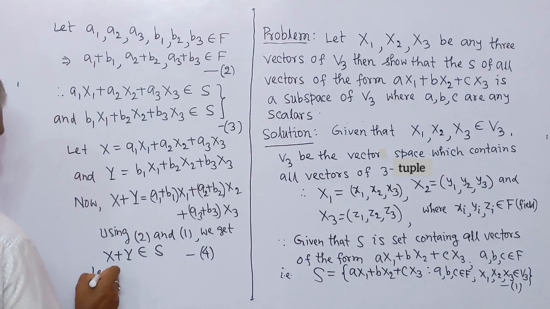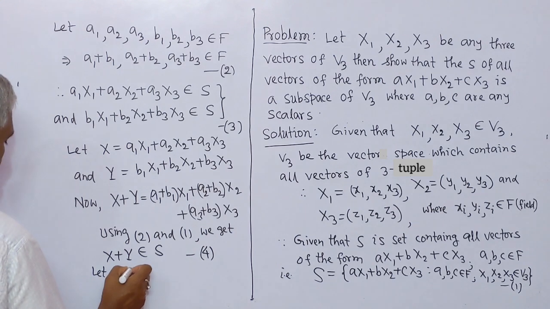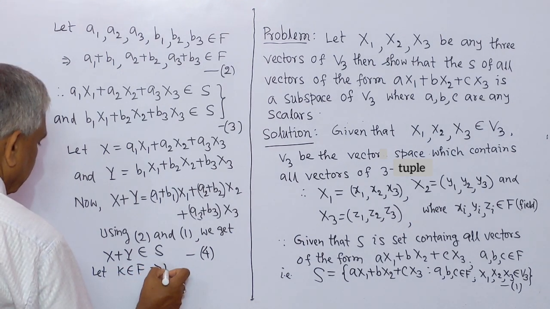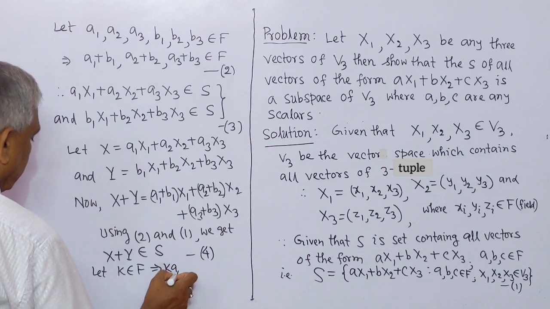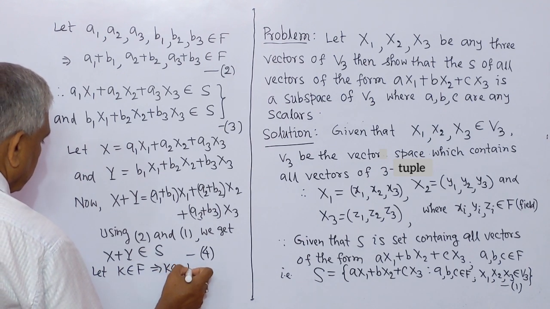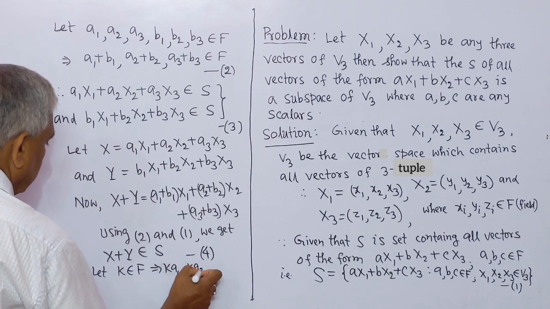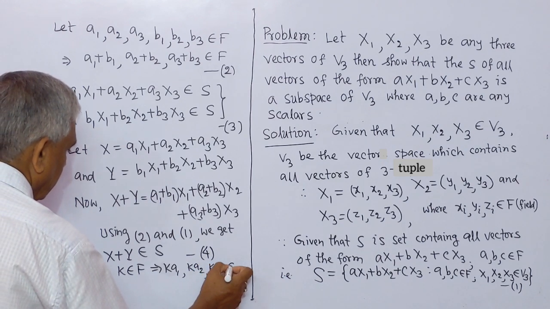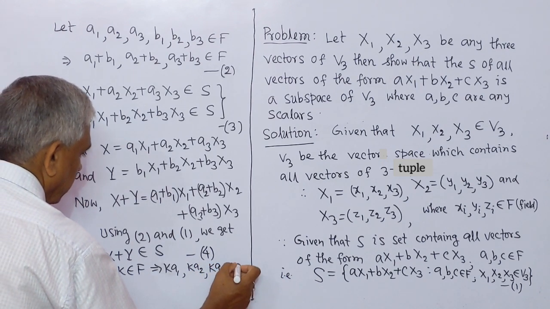Let K belongs to F implies that KA1, KA2, KA3 belong to F field.